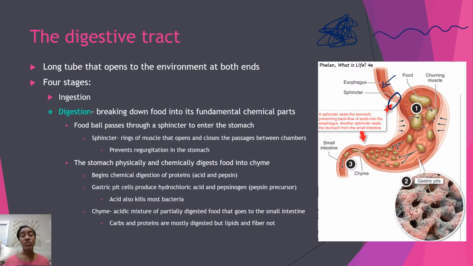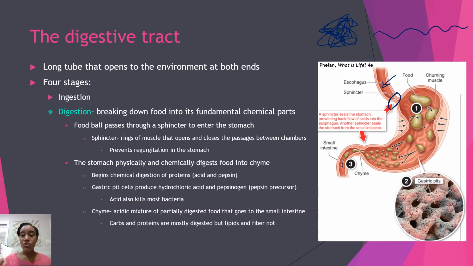So the major thing that's being broken down in this portion of the digestive tract is proteins, and then also carbohydrates are being broken down in this heavily acidic environment. And then as your food is moving around, it's churning, it's physically helping to break up those pieces as well. So this is why sometimes you can hear your stomach making a lot of very weird noises. It's because those smooth muscles are moving around, moving the food, breaking it into smaller pieces.